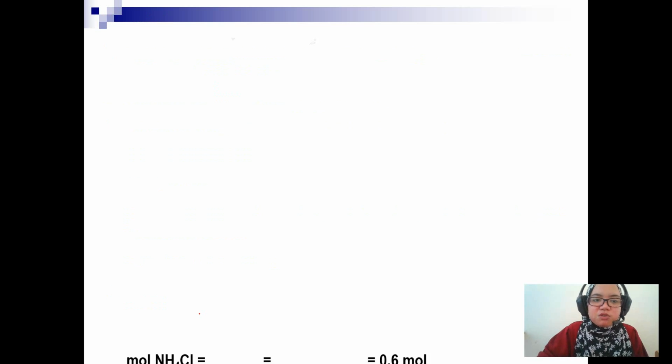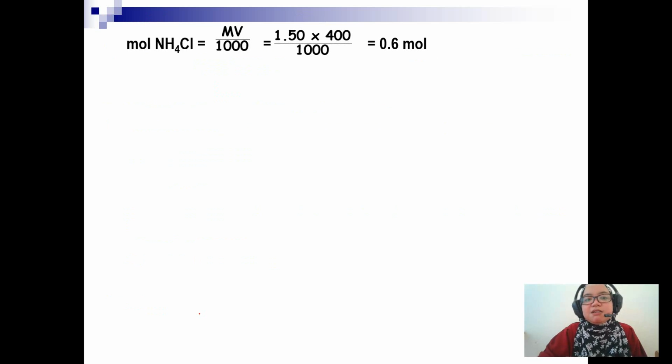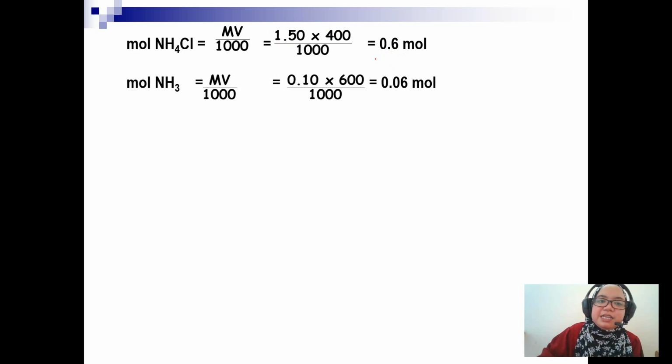Okay, after we get the total volume, we calculate the moles of ammonium chloride in the 1 liter. Moles of ammonium chloride at 1.5 molarity and volume 400 ml, so we get 0.6 mole. Okay, and then we calculate the moles of NH3 and get 0.06 mole.